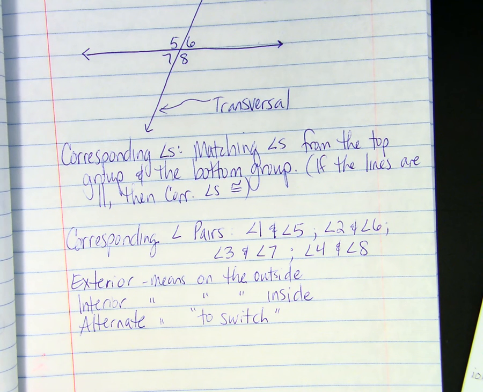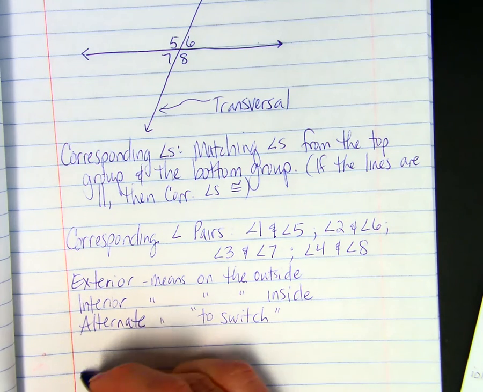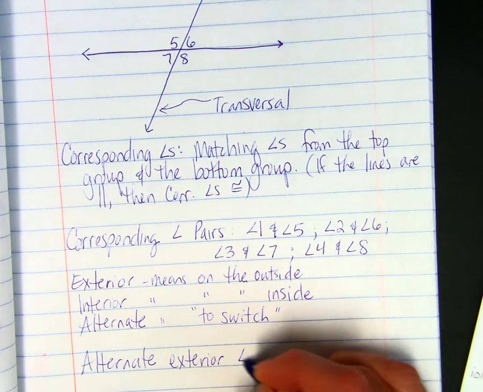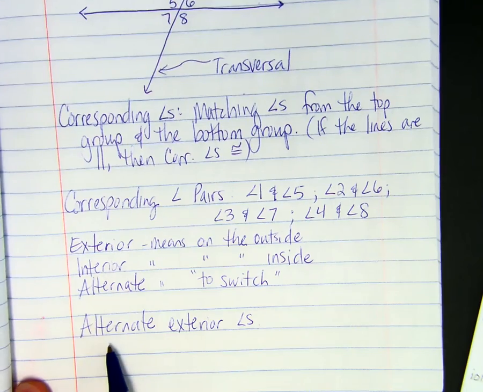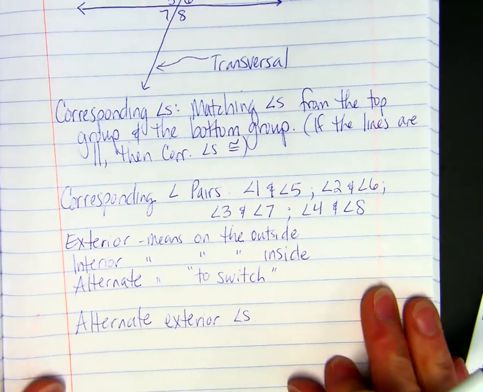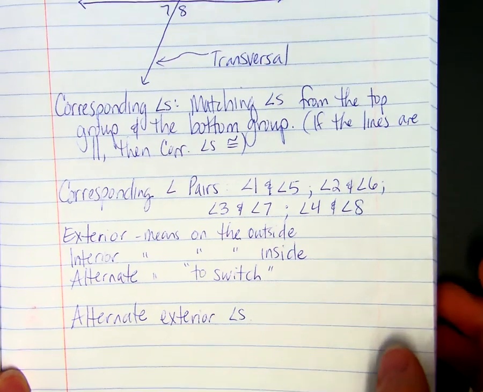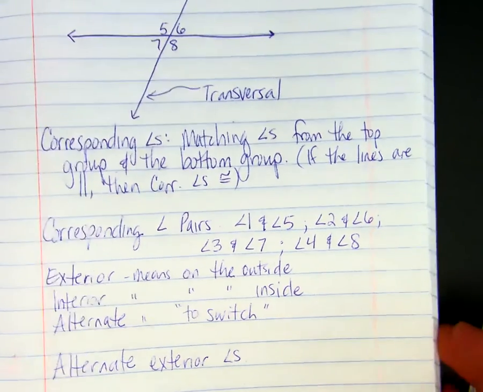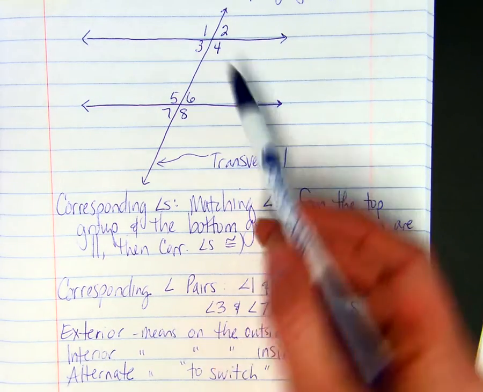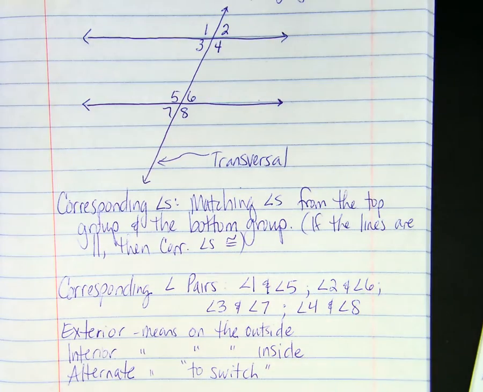So we have what's called alternate exterior angles. We are switching angles that are on the outside. Exterior means on the outside of the parallel lines. So the exterior angles are 1, 2, 7, and 8.